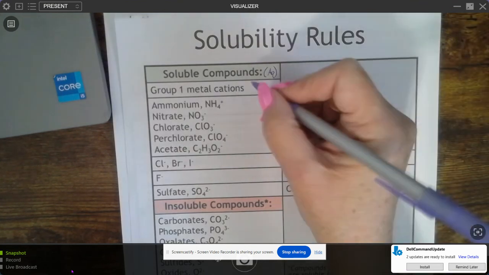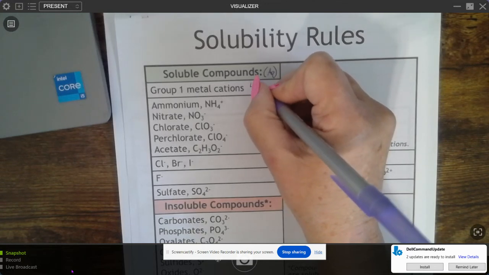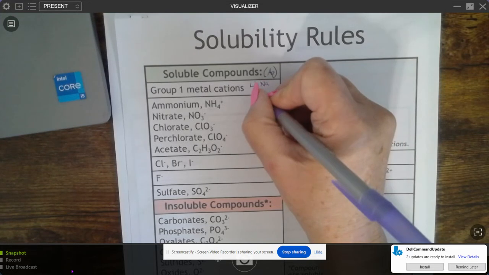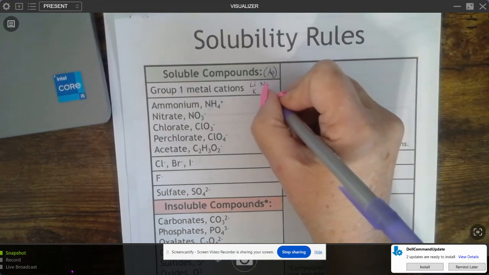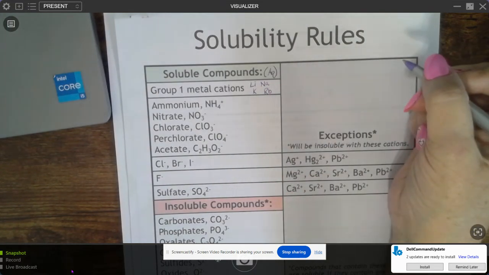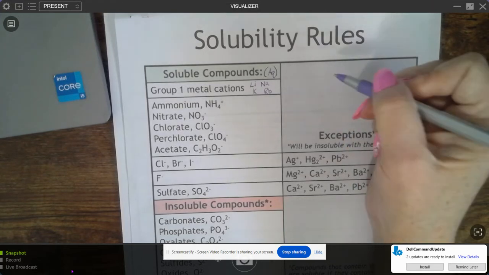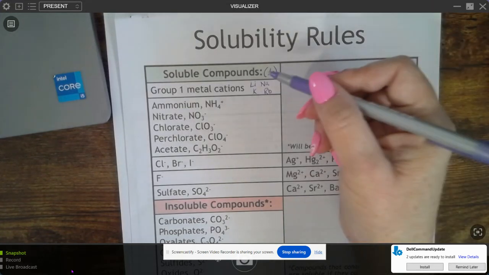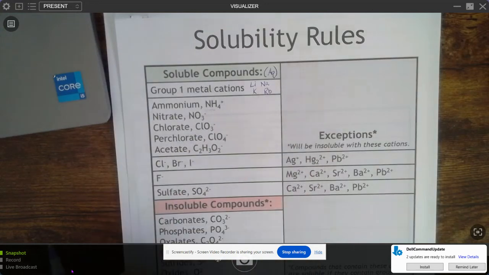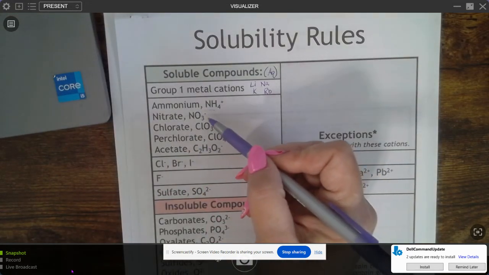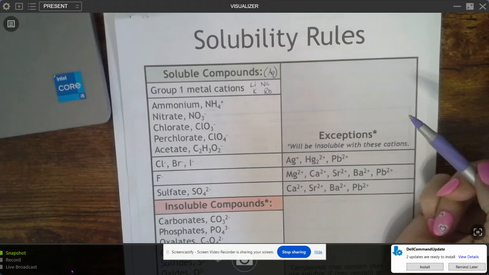So if it's got a group 1 metal, that would be lithium, sodium, potassium, what else am I forgetting? Rubidium. Any compounds with those metals in them will be soluble. Also, any compound that contains ammonium will be soluble. Any compounds that contain nitrate, chlorate, perchlorate, or acetate will be soluble.